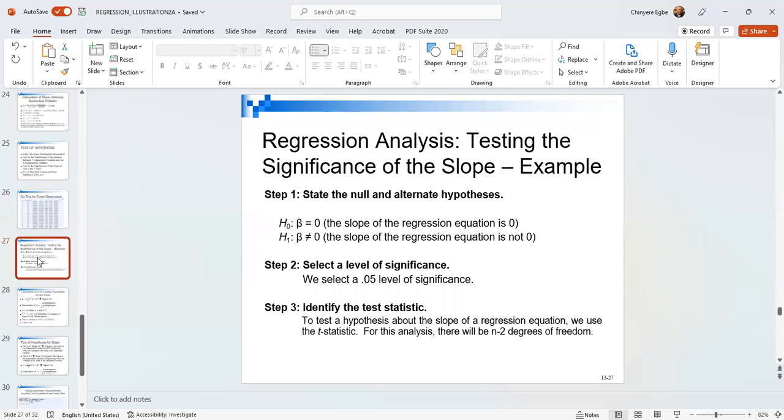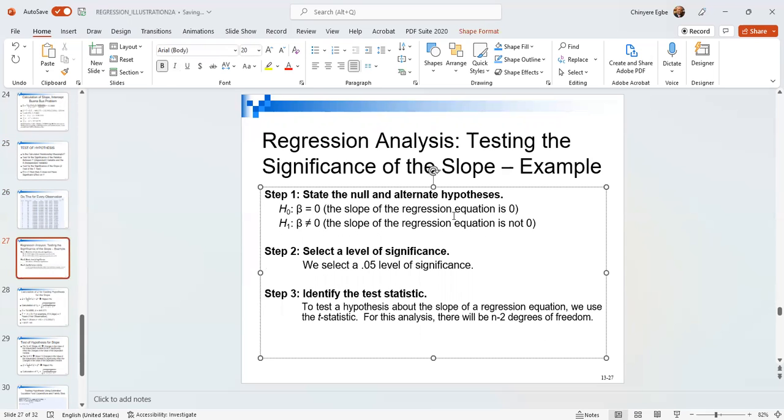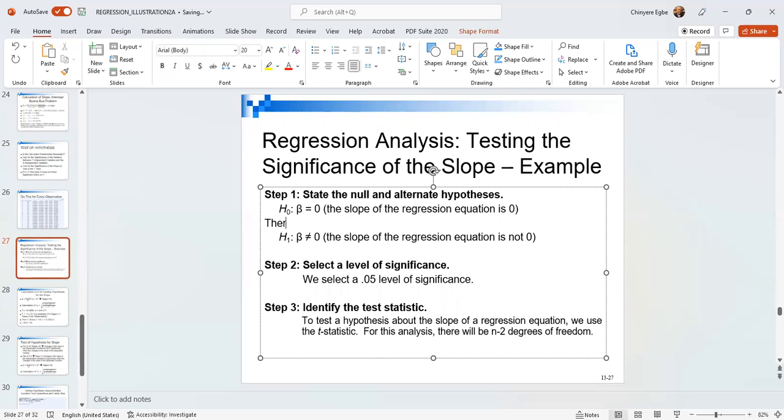You state the null and alternate hypothesis. The null hypothesis is that B is equal to 0. That is, the slope of the regression is 0, which means there's no significant relationship if B is 0.